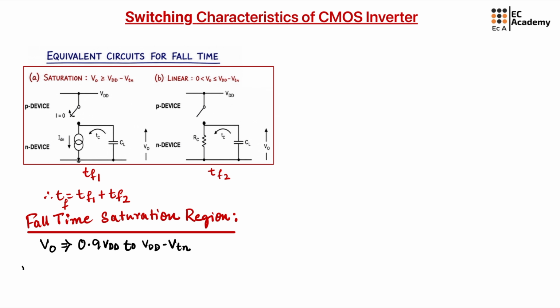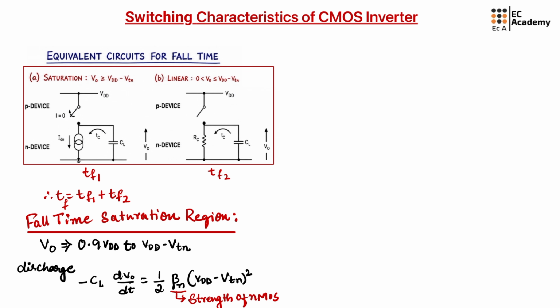So during discharge of the capacitor, the differential equation can be given as minus CL dV0 divided by dt is equal to 1 by 2 beta n times (VDD minus VTN) whole square. Here beta n represents the strength of the NMOS transistor, VDD is the supply voltage, and VTN is the threshold voltage of NMOS.